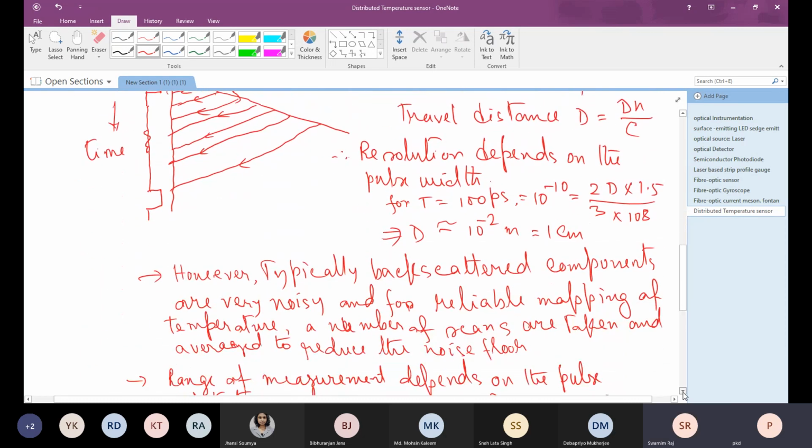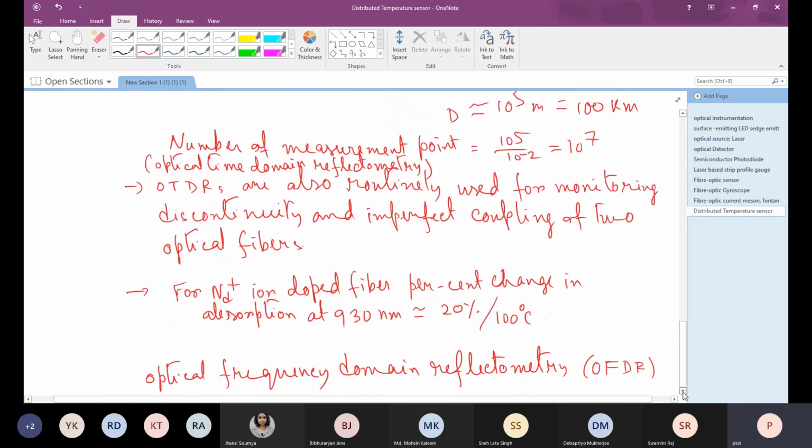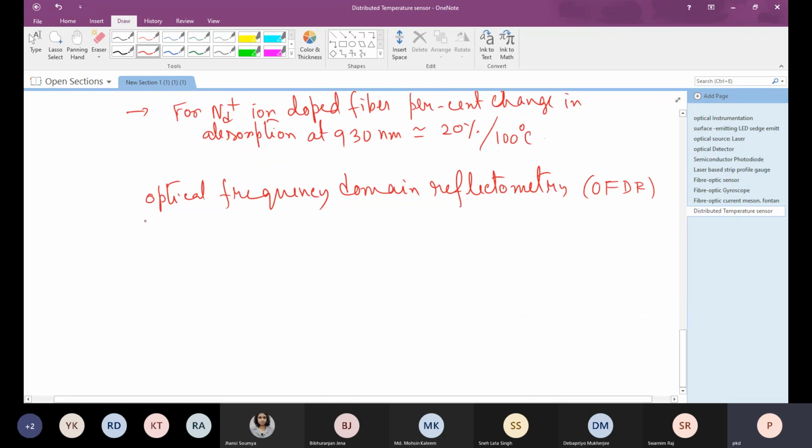So, sir, where does the temperature change show up? Basically, if we see the trace, continuously the power is changing. Somewhere it will be like this and like that. It will be much more noisy usually if we look at the real OTDR trace.